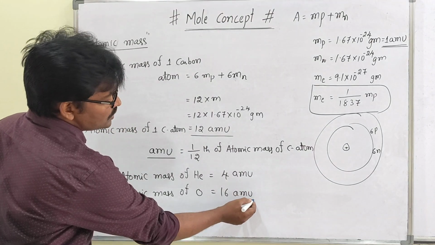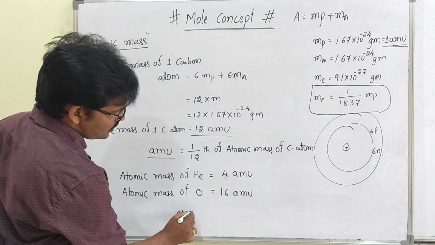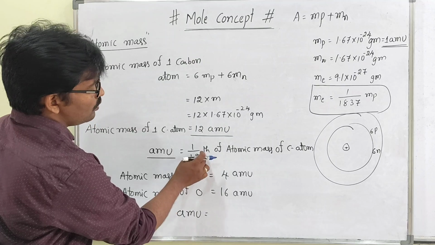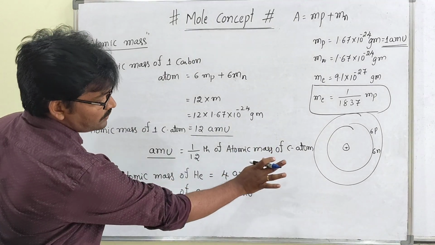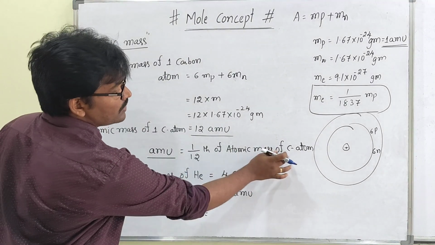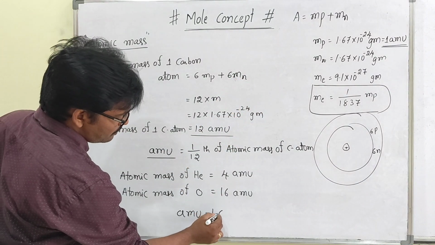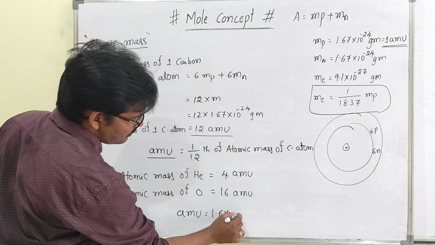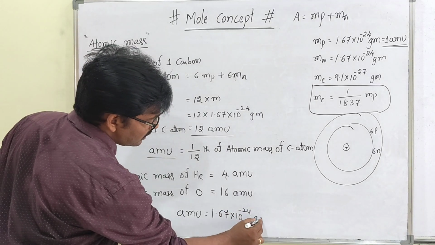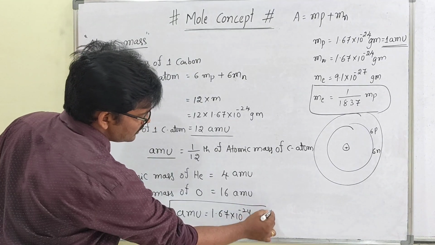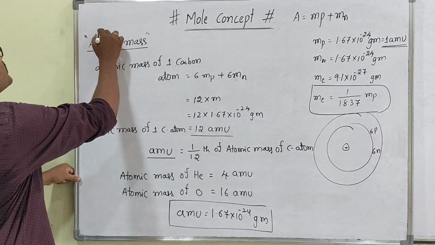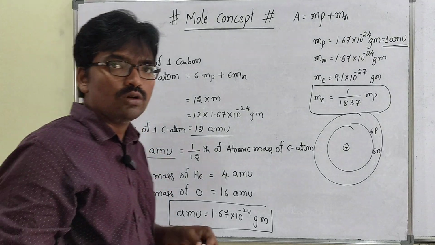Sir, atomic mass unit is equal to 1/12 of the mass of a carbon atom, or otherwise the value is 1.67 into 10 to the power of minus 24 grams, 1 atomic mass unit. This is what we are calling atomic mass.